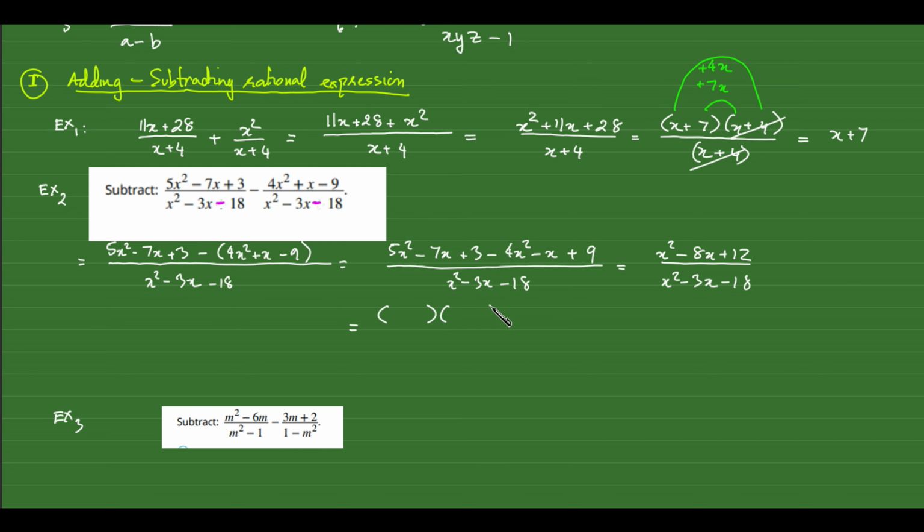And I'm sure that this is factorable because this is x minus 6, x minus 2, right? And the bottom is x minus 6, x plus 3. And you see x minus 6 here is the same, so go ahead and cancel out. So what you have left is x minus 2 over x plus 3. And that's all. This is the final answer.